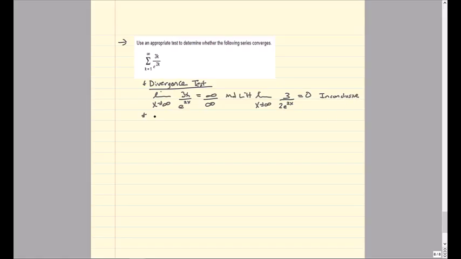Okay, second, this is not a p-series, which would look like 1 over k to the p. And k would be what's changing here and e is fixed. So next I would look at the integral test. Now for the integral test I need to show my list of criteria is met before I can actually integrate this.